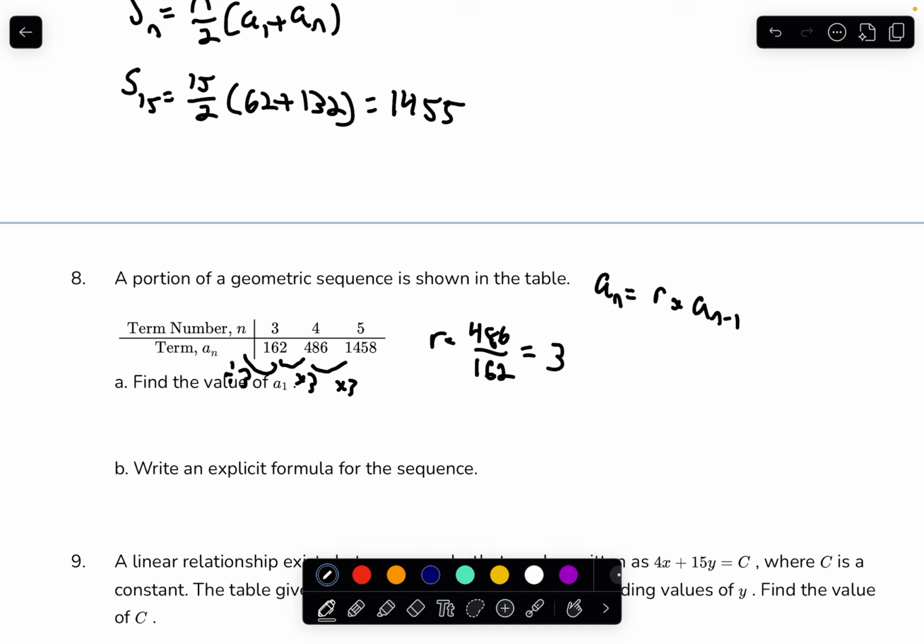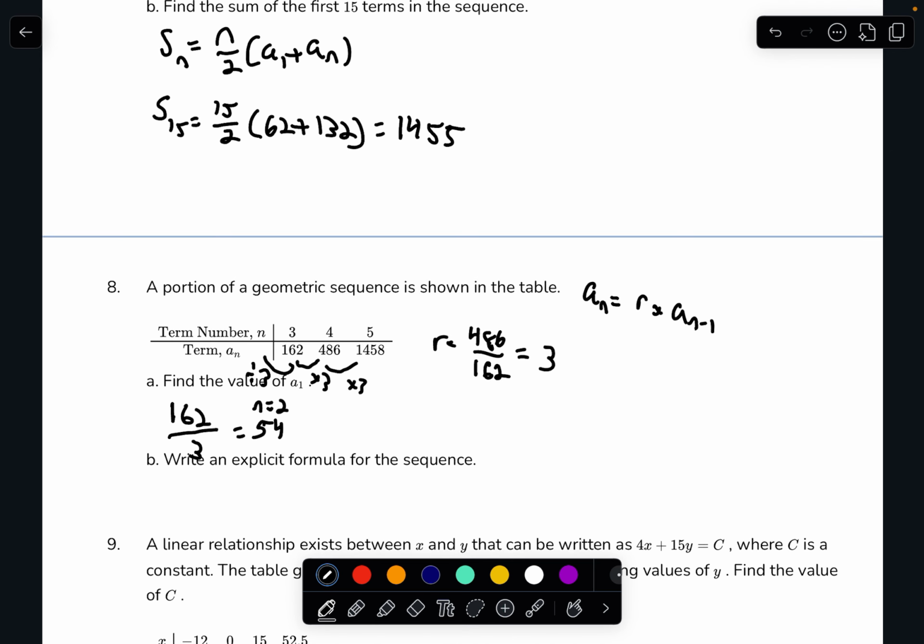So to find the value of a sub 1, we'll start with 162 divided by 3, which I'm going to have to calculate. 162 divided by 3 is 54. So that's n equals 2. Then we divide by 3 again, and that's 18. So n equals 1 is 18, and we have a sub 1 equals 18. So we have the first term.